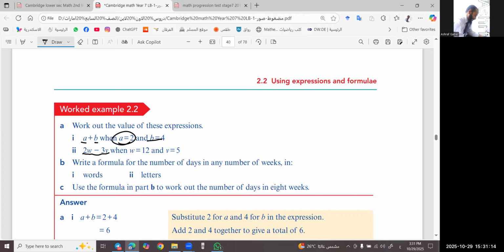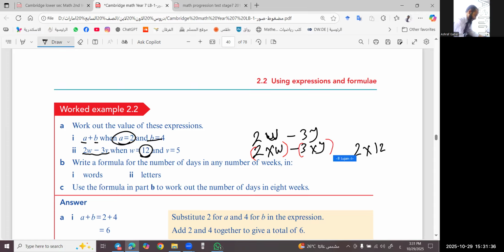In this exercise, I solve it. 2w minus 3y. That means 2 multiplied by w minus 3 multiplied by y. So we have 2 times w, and w is what? Is 12. So 2 times 12.